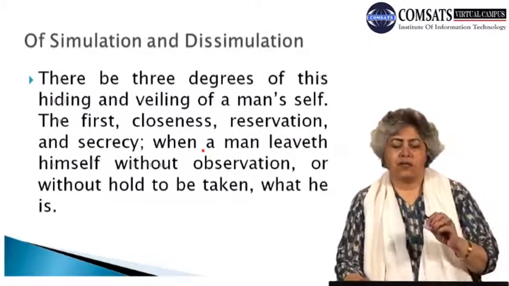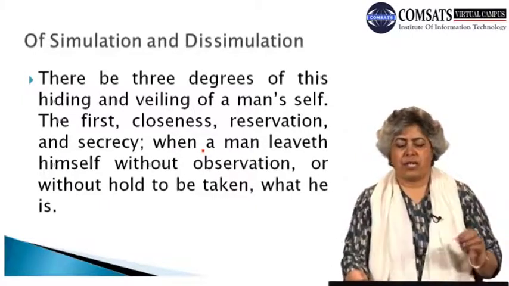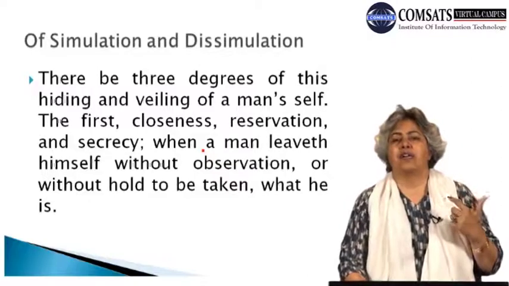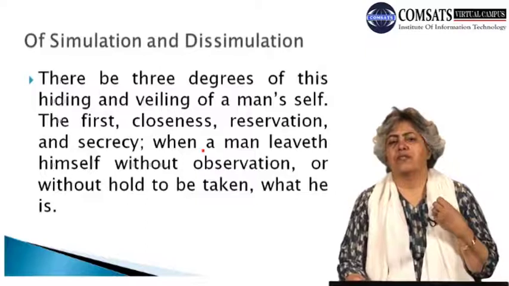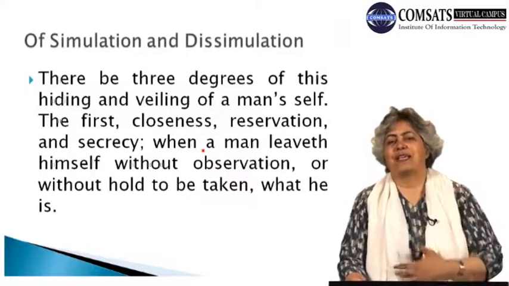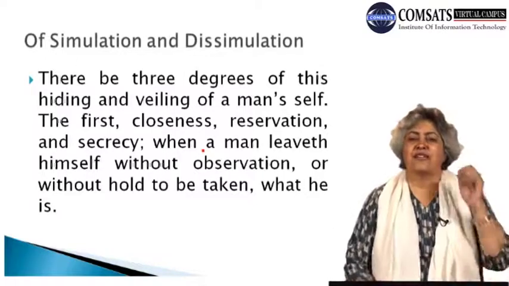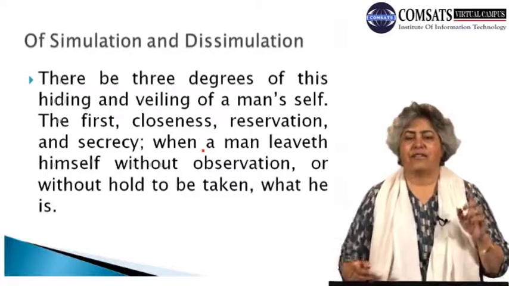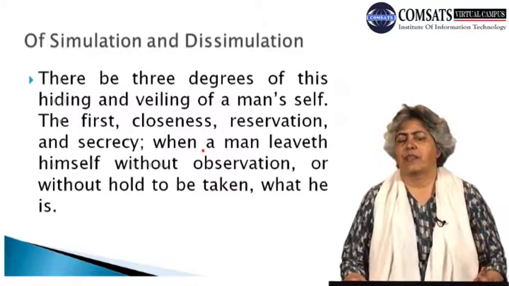And then he goes on to the 3 degrees of simulation and dissimulation. As he says, hiding and veiling of a man's self. Bacon is very important of doing things in threes. So, this is another place in which he's doing things by threes. And he says there are 3 degrees of hiding and veiling of a man's self.